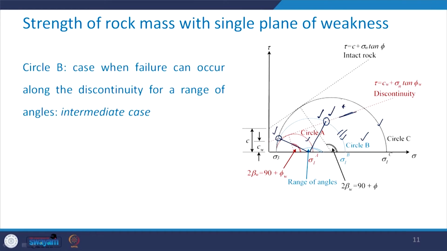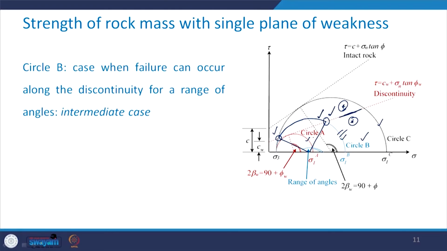Now, you know that any state of stress which is lying above this will signify the state of failure. If it is lying below this, that means still the rock mass has not failed along the discontinuity. Now, you see this part of the circle.